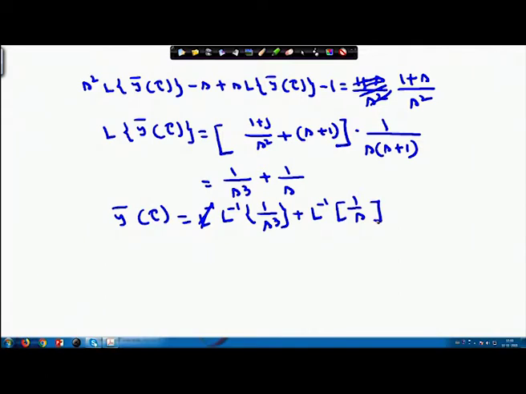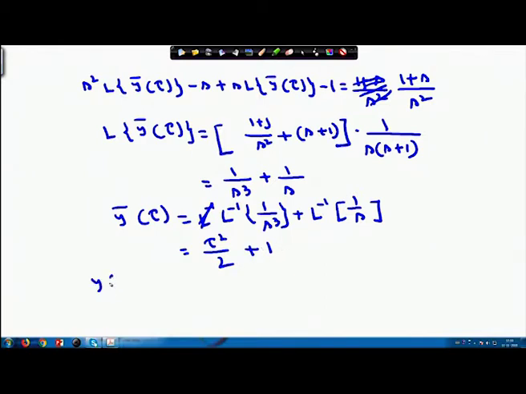And once I am getting this y bar tau, you can write down 1 by s cube, so tau square by 2, plus 1. So, y bar tau you are getting as tau square by 2 plus 1.